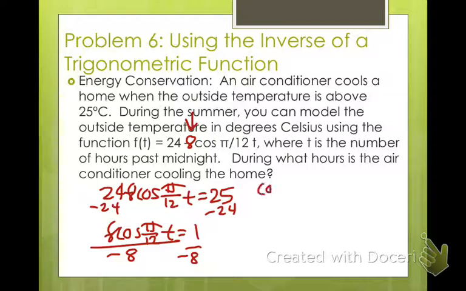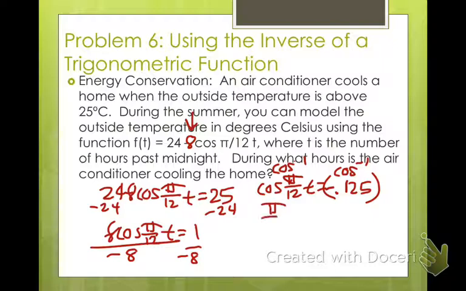Okay, so we have cosine pi over 12 times t equals negative 0.125. Now from here, we need to get rid of the cosine, so we need to multiply by cosine inverse. Hopefully you remember how to do that on your calculator. So cosine inverse of negative 0.125.